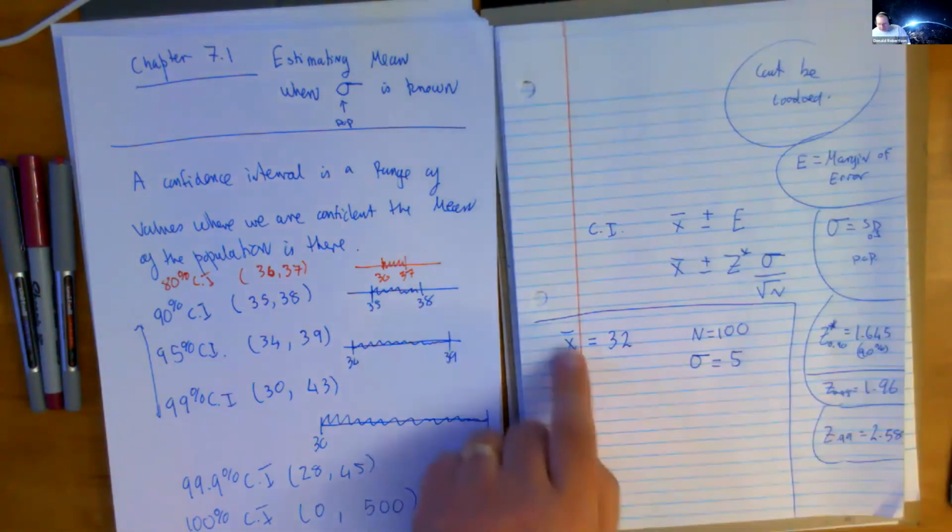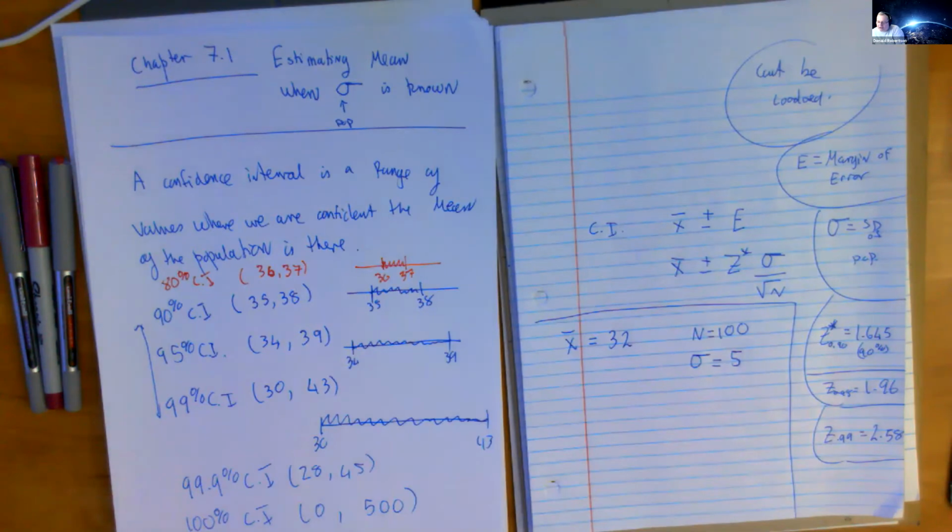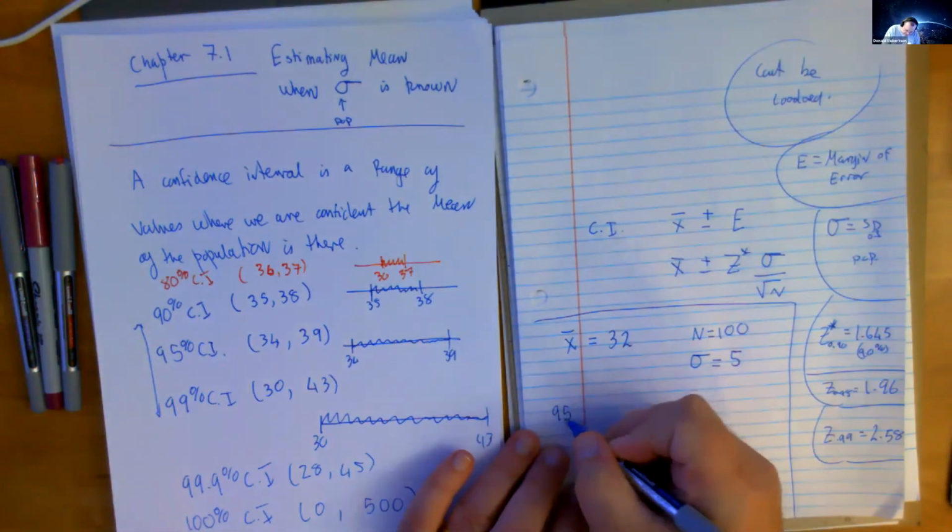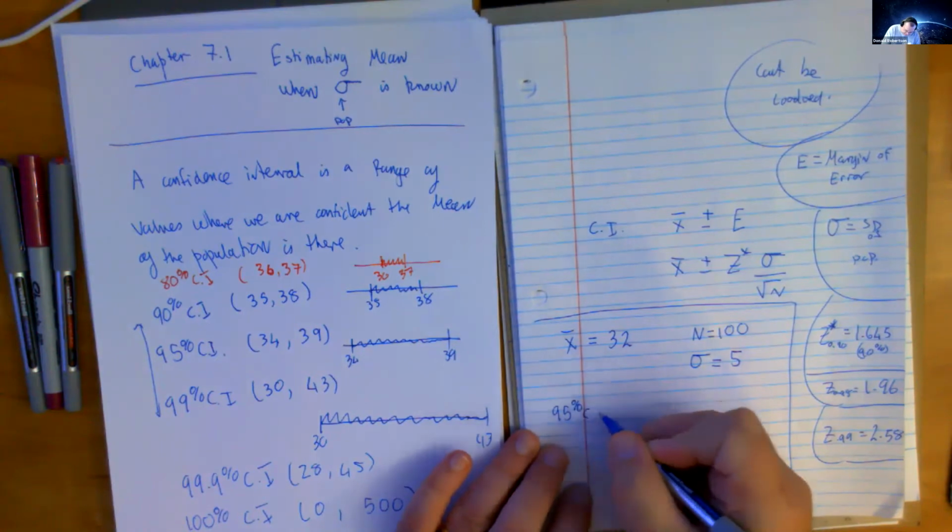From only this information then, I would like to calculate, well, what do you want? I'm not doing 80s, we'll do 80s when the book asks us to. But 90, 95, or 99, which one of those three do you want me to do a confidence interval for? 90. Pick a number. 95. So we are going to do a 95% confidence interval.